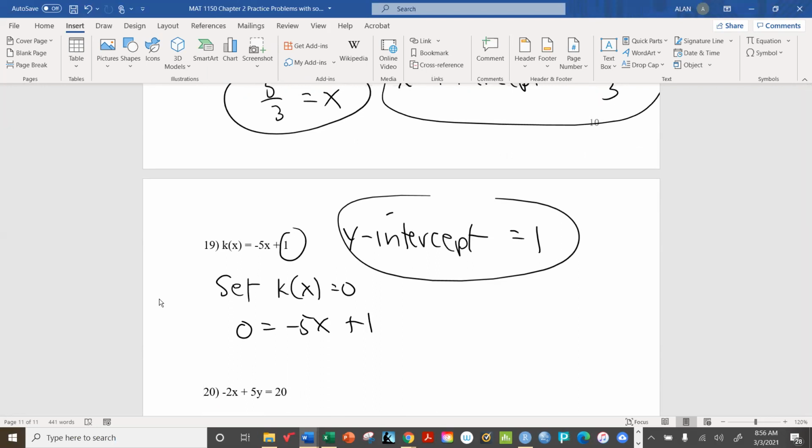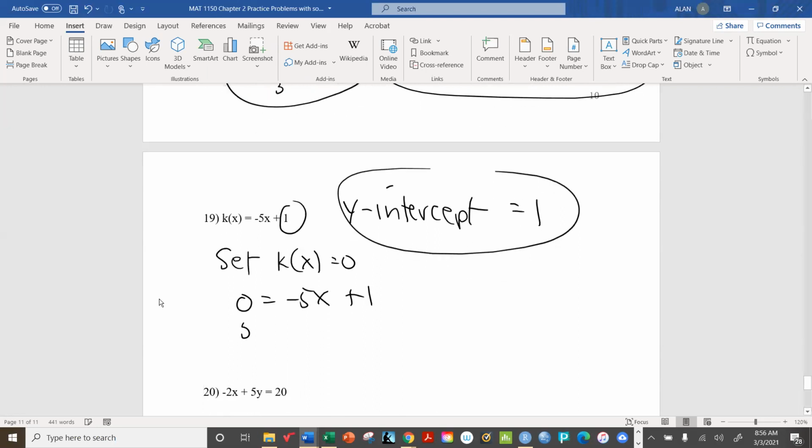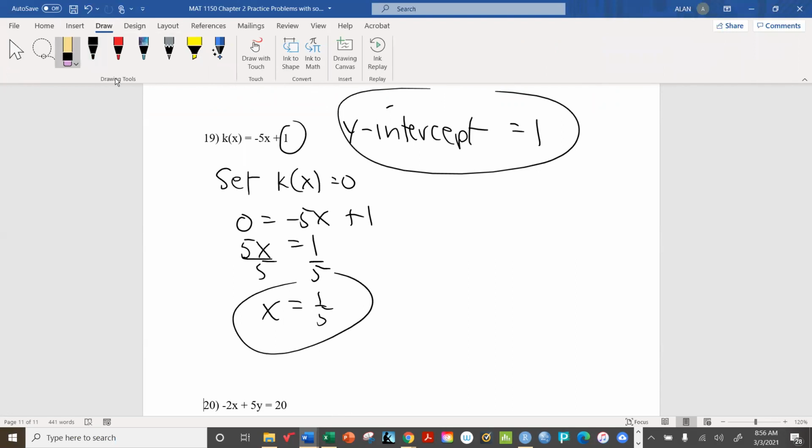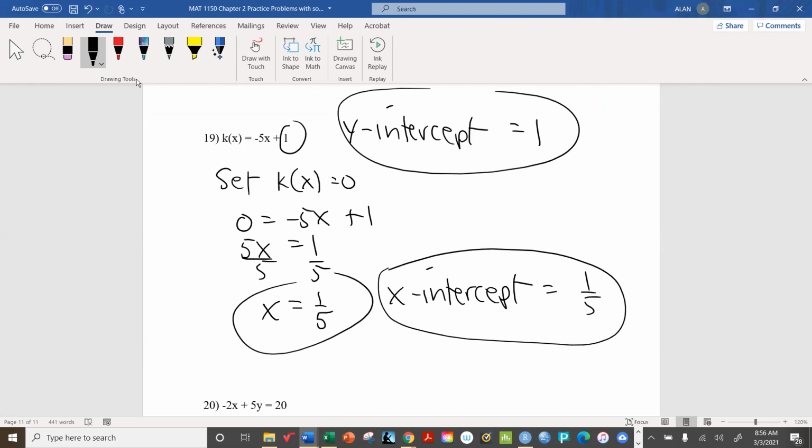Okay, so let me add 5x to both sides and divide out by that 5. So therefore, we say that the x-intercept equals 1/5. And that's the end of that one.